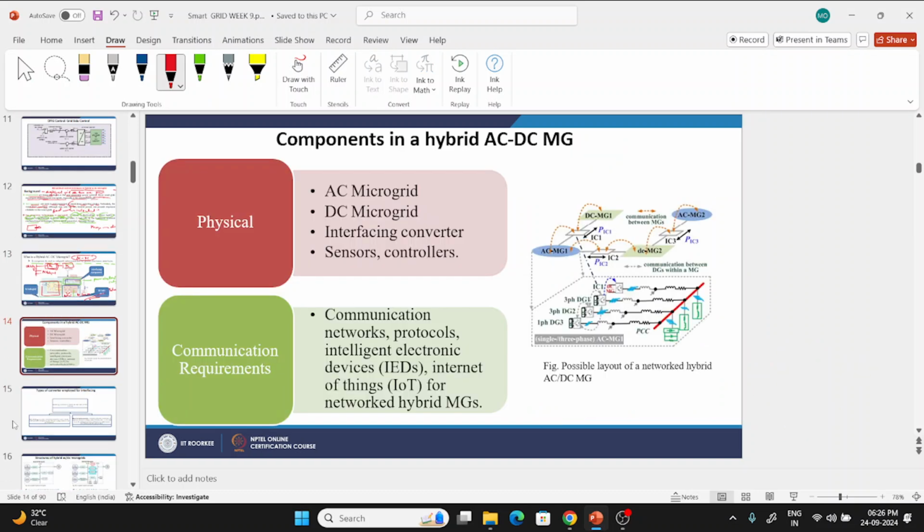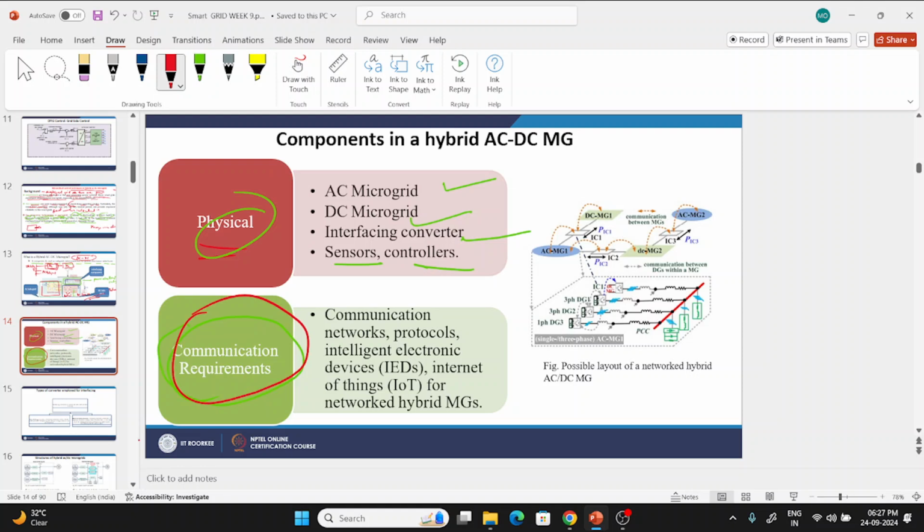So there are various components of a hybrid microgrid. Physically, there are the AC microgrid, DC microgrid, converters, sensors and controllers. And then we require a communication pattern.